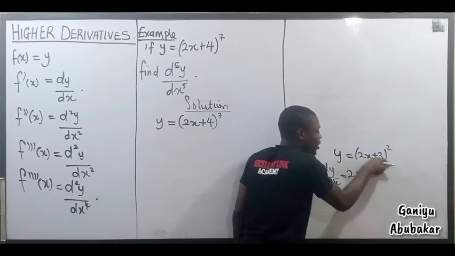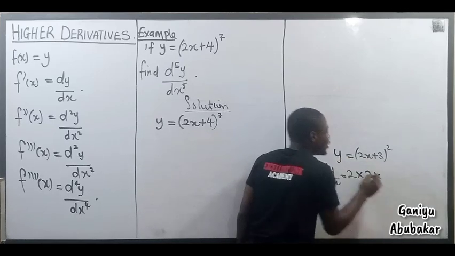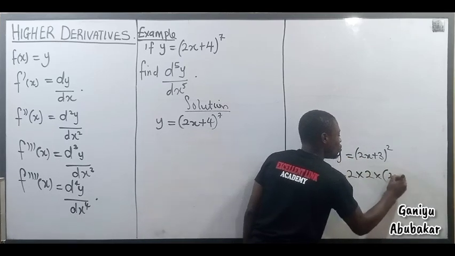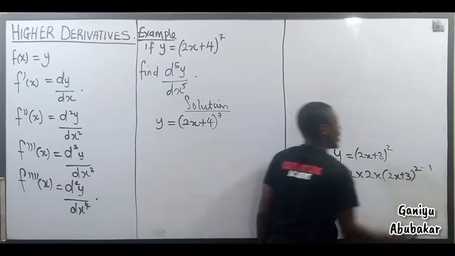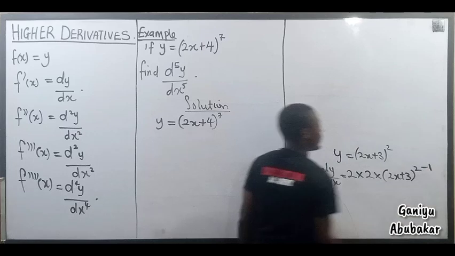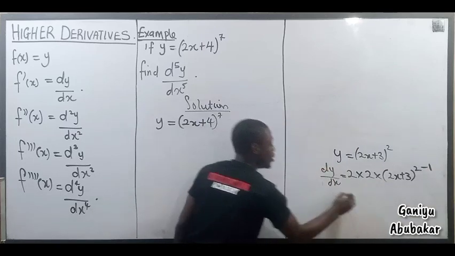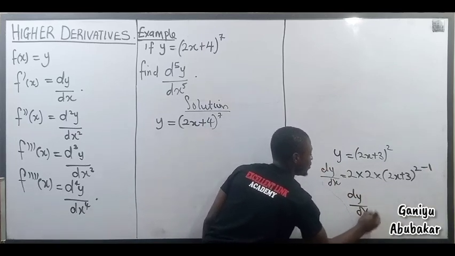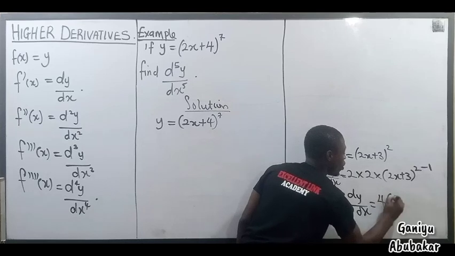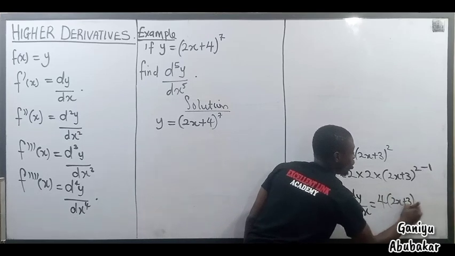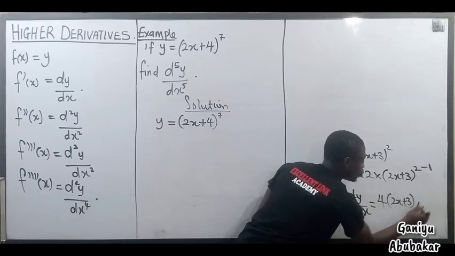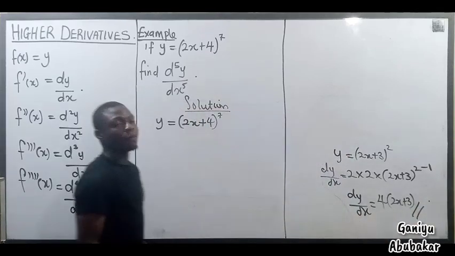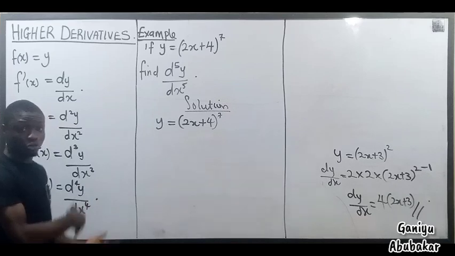If I differentiate 2x + 3, I'll have 2, times, repeat the question, (2x + 3) to the power 2, minus 1 from the power. Final answer here, dy/dx is equal to 2(2x + 3) to the power 1. Or perhaps it's still like this. This is the shortcut to solve problems on chain rule.